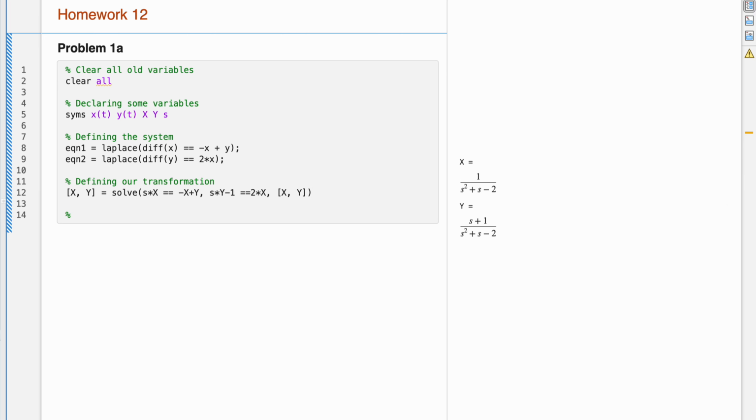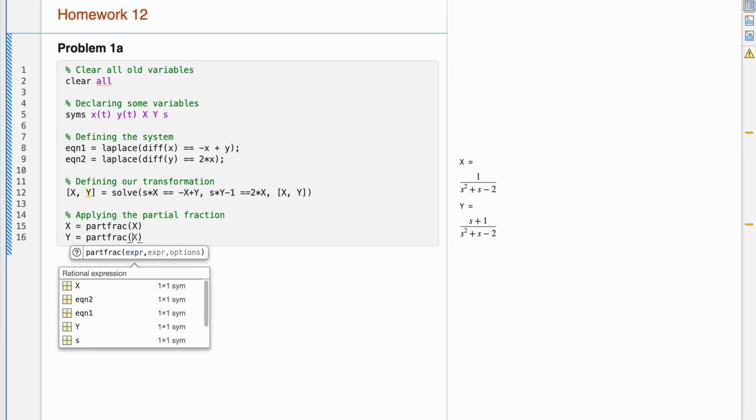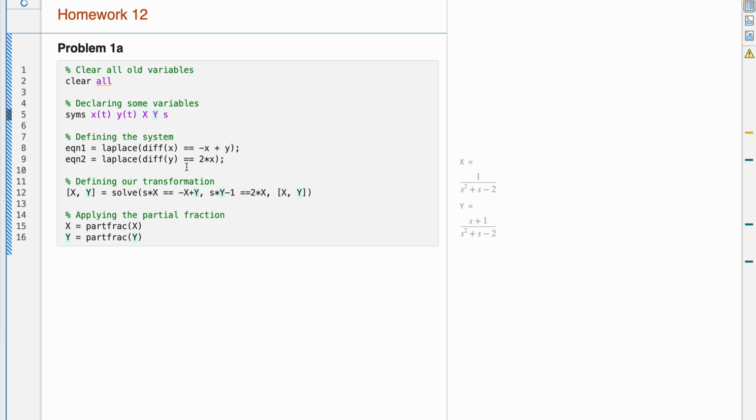So now we can apply the partial fractions. So my x is going to be partfrac of x. So I just want to rewrite it in a different way. And my y is going to be partfrac of y. I press Control Enter one more time here. It has to redo the whole thing. And then we get what we got before.